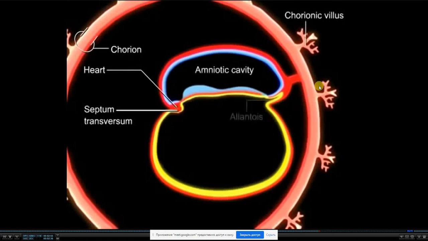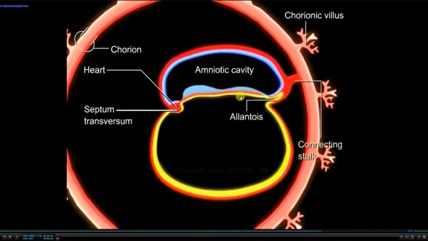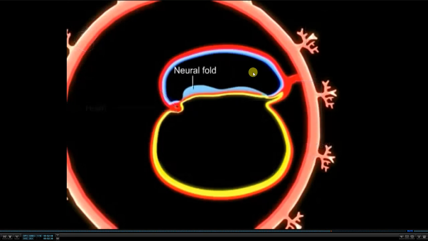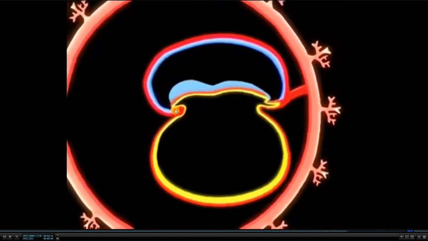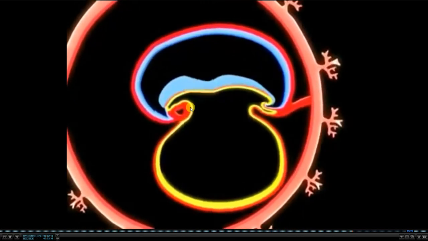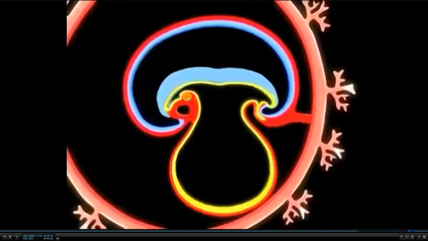So here we've seen the lateral view, the sagittal view, and the cross section. But now let's do it in longitudinal section. Here we have the heart and the septum transversum, the future diaphragm.